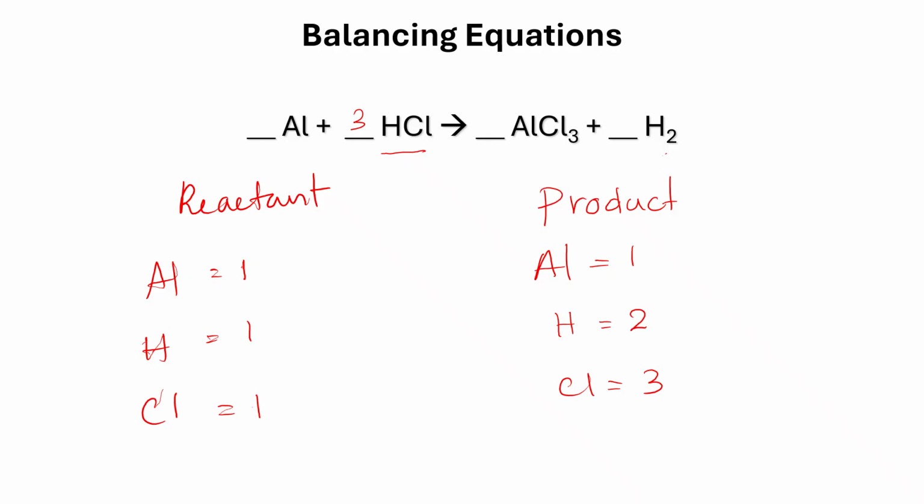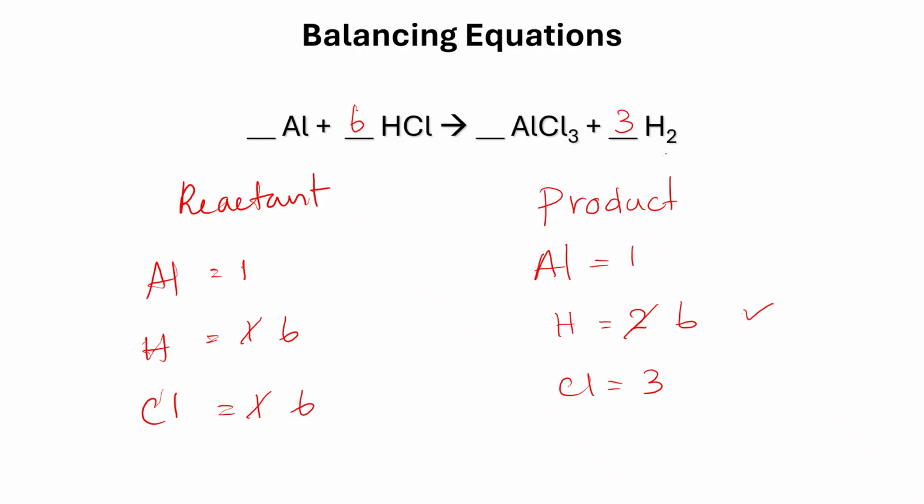Therefore, we can use a common factor like 6 in front of hydrochloric acid, which makes 6 hydrogens and 6 chlorines on the reactant side. You can easily make 6 hydrogens by writing 3 in front of H2. So now you have 6 hydrogens, and hydrogen is already balanced.